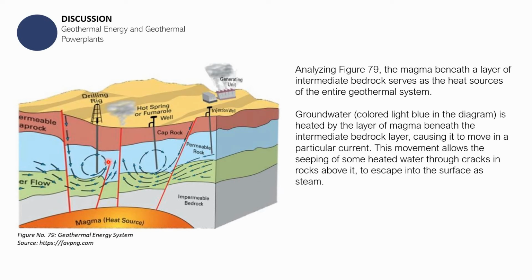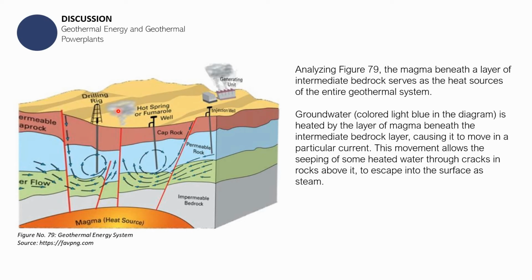And then that movement of that current of groundwater will energize it enough to move it through crevices, yung mga cracks dito sa permeable cap rock. So may mga parts yan na pwedeng labasan ng highly pressurized steam.